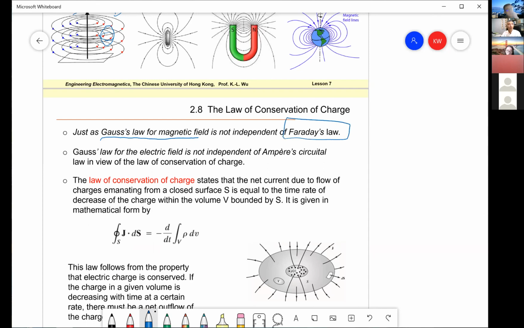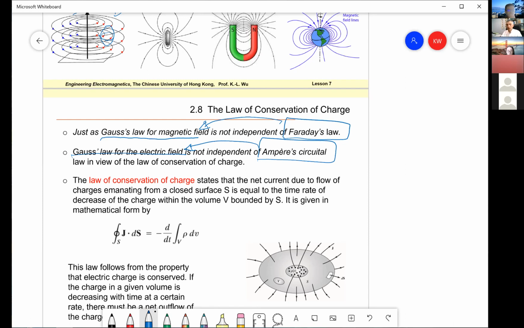Then the Gauss's law for electrical field can be derived from a general Ohm's law. But we don't discuss this in integral form. In differential form it's just by one second. It's obvious.